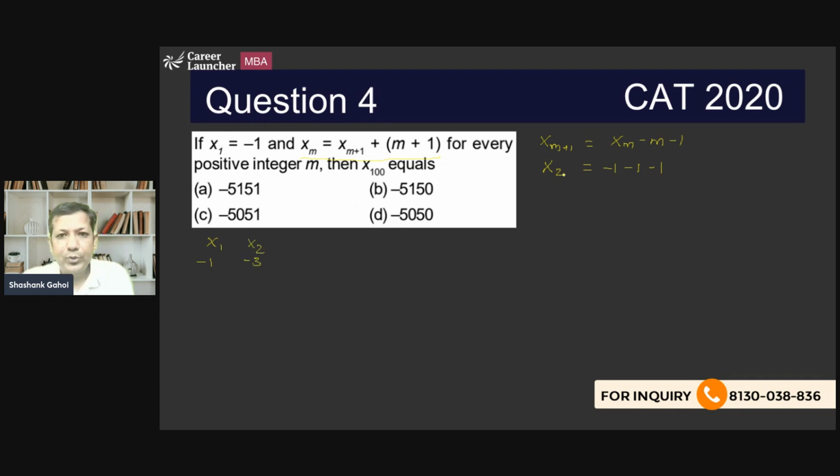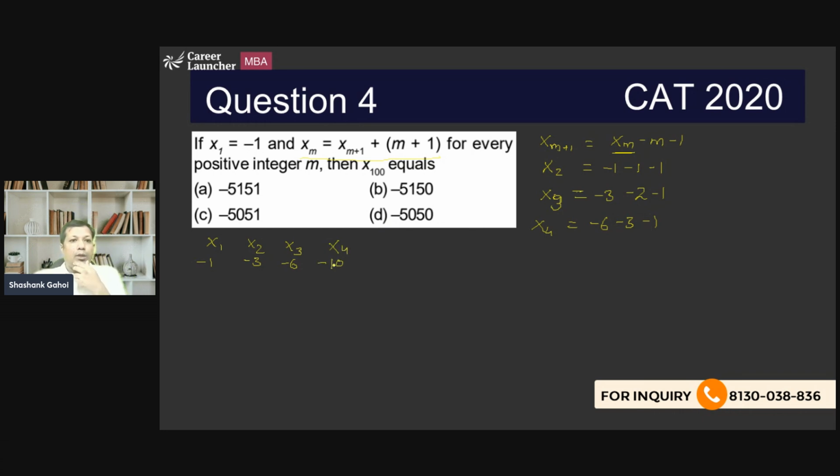What is the value of x3? x3 is going to be x2, which is minus 3, then m is 2, minus 1. So x3 comes out to be minus 6. If I talk about x4, x4 is going to be minus 6, minus 3, minus 1, so it comes out to be minus 10.